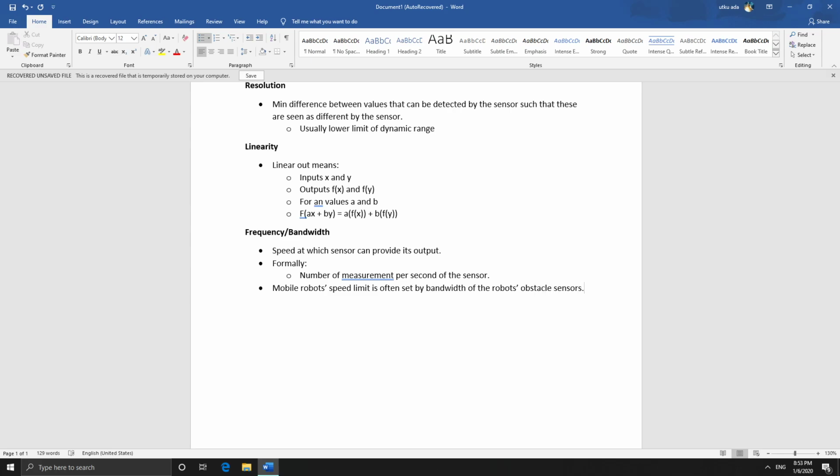So even if it is able to go faster than a certain amount, it won't, because it won't be able to detect whether there's an obstacle there and be able to stop in time.